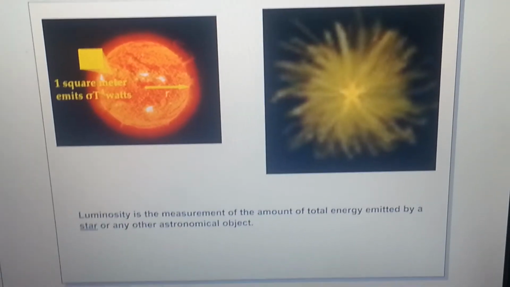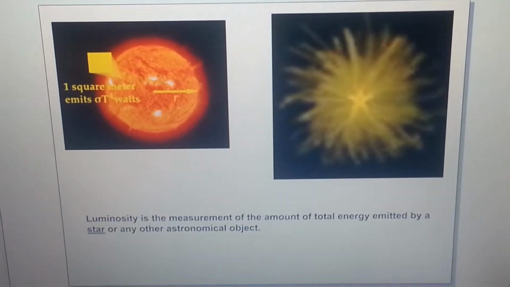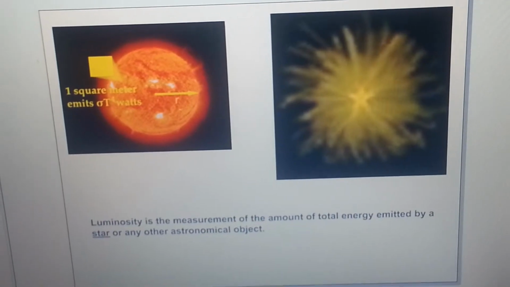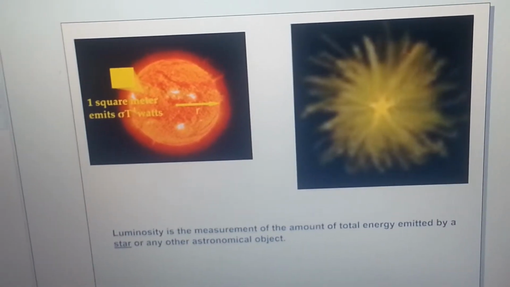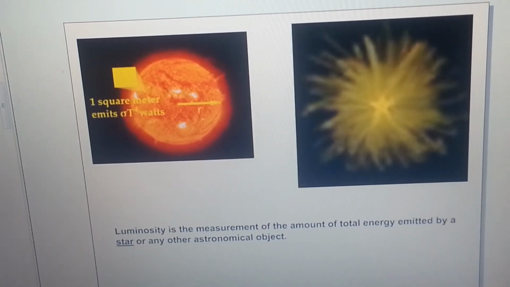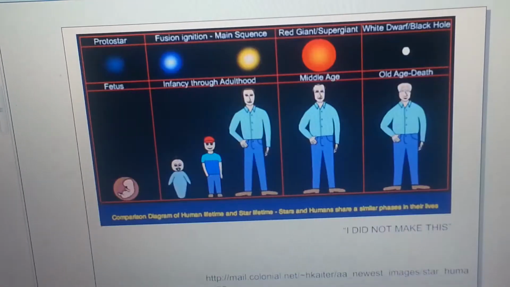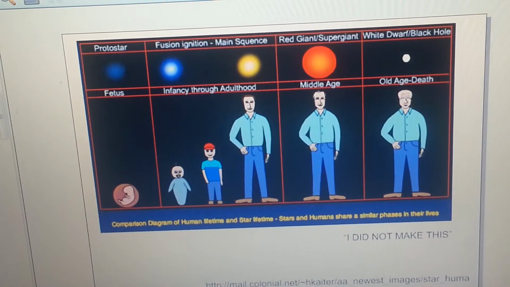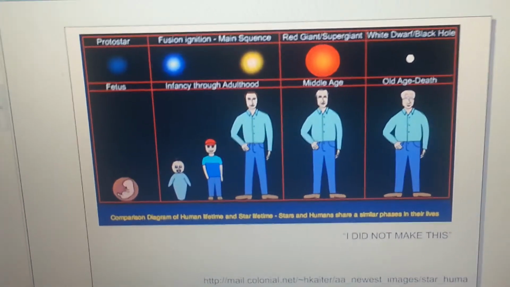Let's talk about the life cycle of stars, which usually lasts about 10 billion years. And also, most of the stars in the sky are between 1 billion and 10 billion years old.